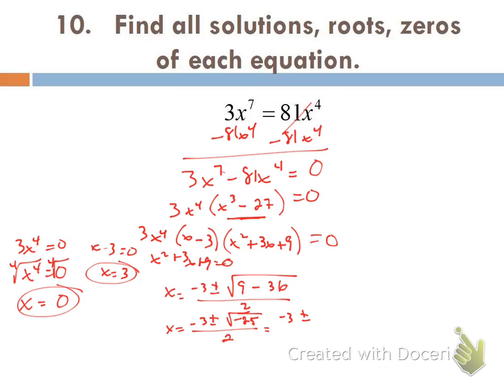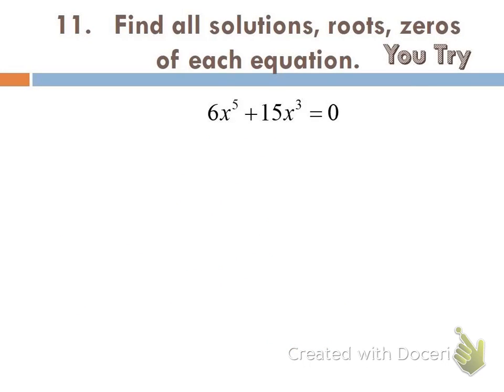Pull out your i, square root of 25, you get 5i, and we can't reduce the fraction, and so we stop there. Okay? So tough. I mean, there's just some different tricks to this factoring and solving by factoring. Okay? One last one. You give it a shot, you start the video, start it back up, and check your work, okay?